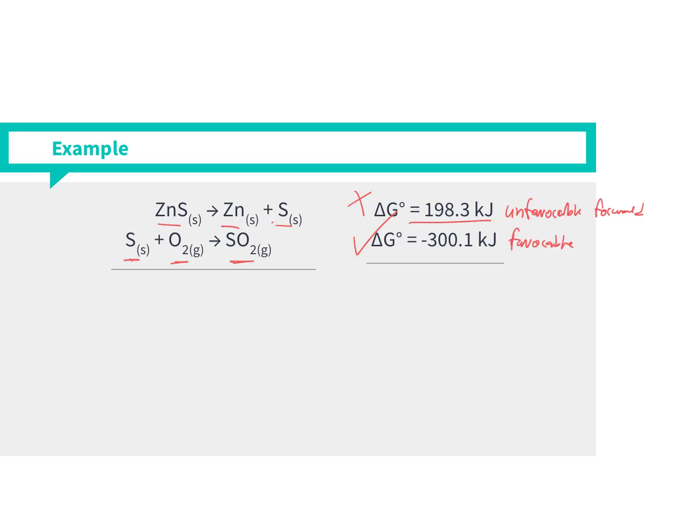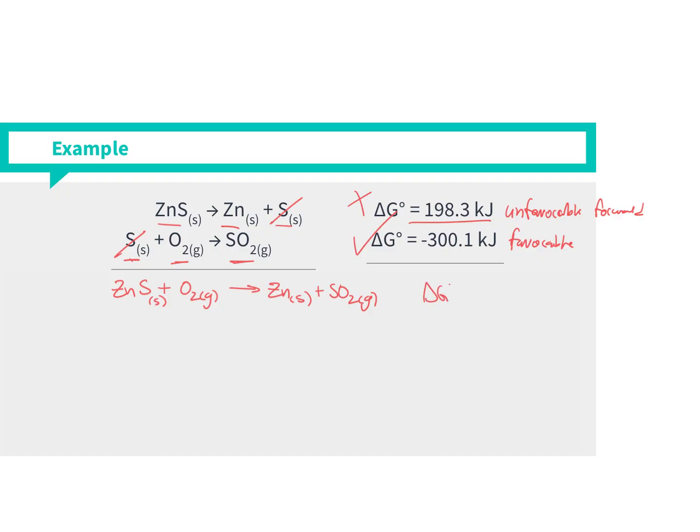So if you perform these reactions together, you'll essentially get an overall reaction, which we can add together just like Hess's law. We get zinc sulfide plus O2 gas. We'll make zinc solid plus SO2 gas. And what essentially happens here is my sulfurs cancel out. And as a result of this, I can just add together my delta G's.